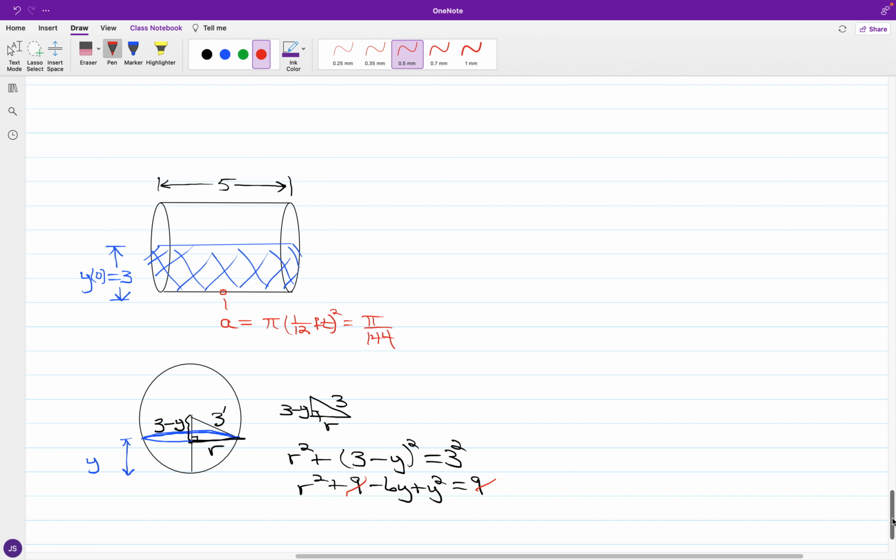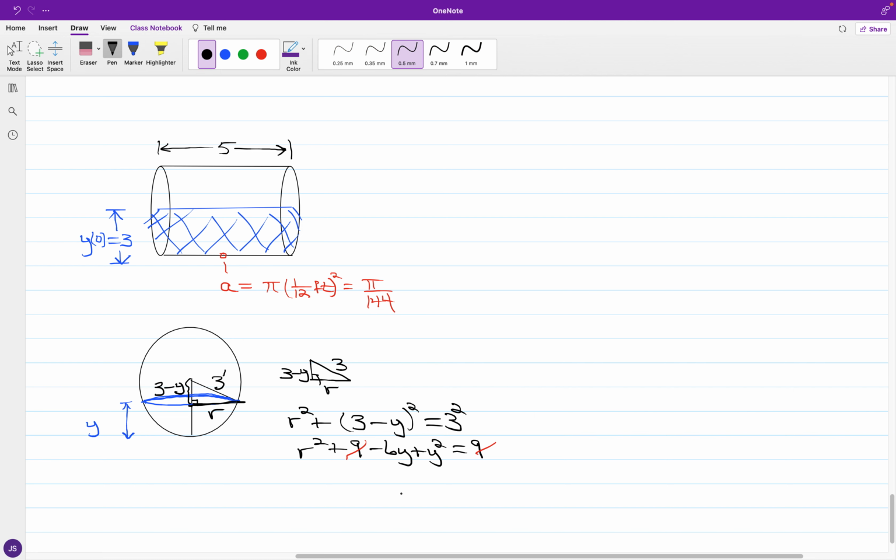The 9's cancel, and once we isolate r squared, r squared is equal to 6y minus y squared, and r is equal to the positive square root of 6y minus y squared. So the determination of the liquid radius was developed from looking at the side or lateral view.